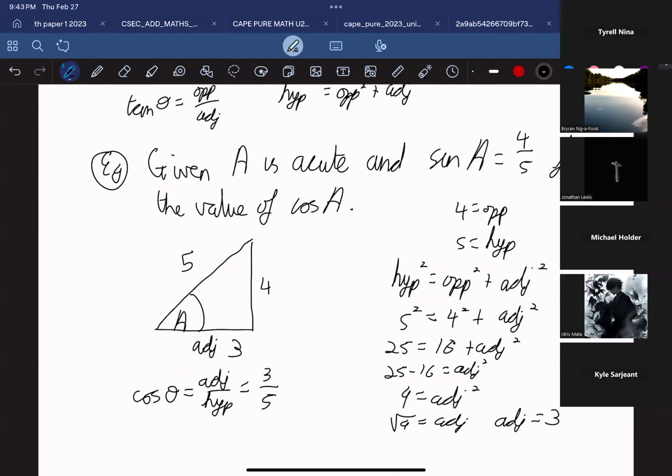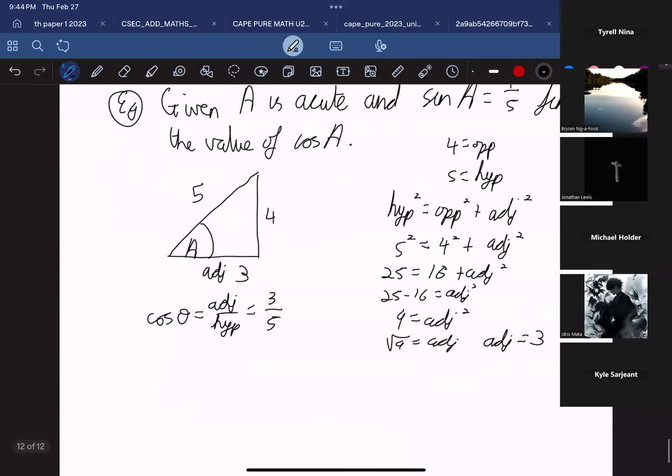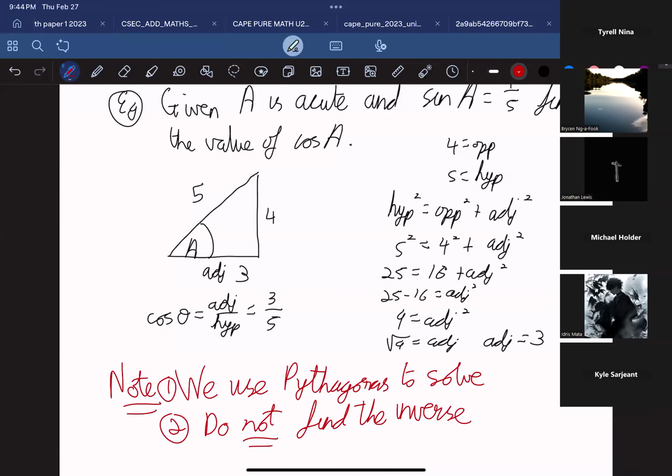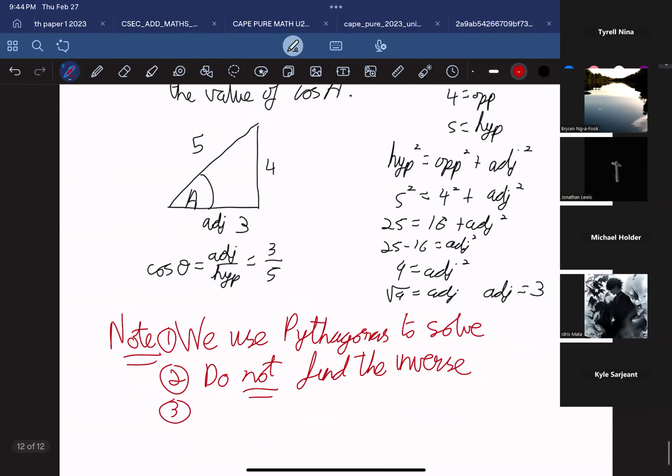Do not find the inverse. A couple of things to note. One, we use Pythagoras to solve. Two, do not find the inverse. Three, acute means all are positive.